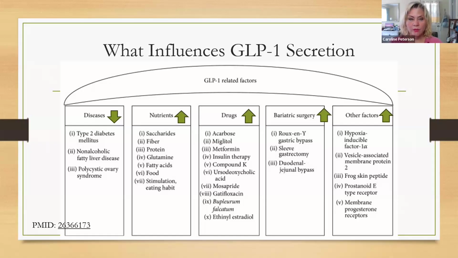This is kind of interesting, right? Because those are all inflammatory conditions. Those are highly inflammatory conditions. Those cause a decrease in GLP-1. You would think GLP-1 is anti-inflammatory. So why wouldn't you have an increase in GLP-1 secretion with those highly inflammatory states?